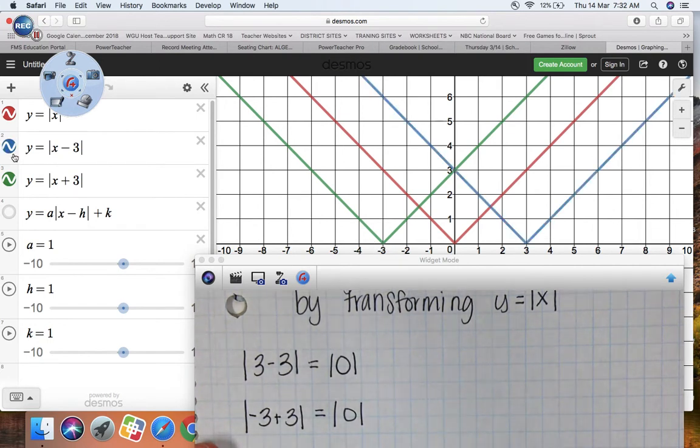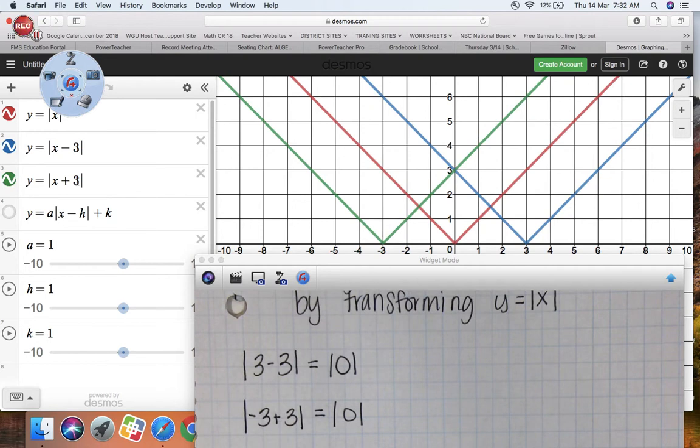So I want you to think about if the number is inside of the absolute value. Since we're talking about transformations, that means, is it shifting? Is it stretching it? Anything like that. So if it's a minus 3 inside of the absolute value bars, notice it moved 3 to the right.